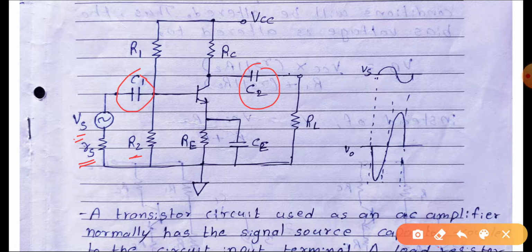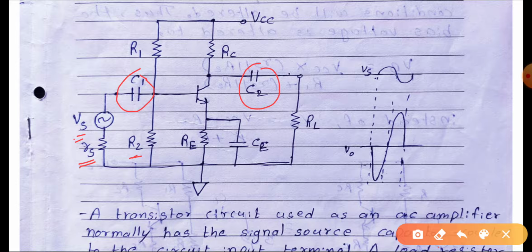You can use many stages of amplifier. To couple or connect one stage to the other stage, you can use the coupling capacitor, and it will isolate both the stages electrically. Means what? The AC output of this stage will not disturb the DC biasing condition of the next stage.